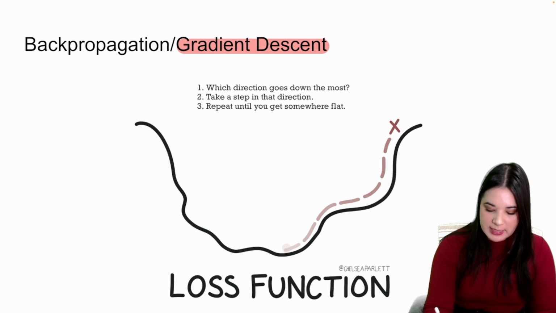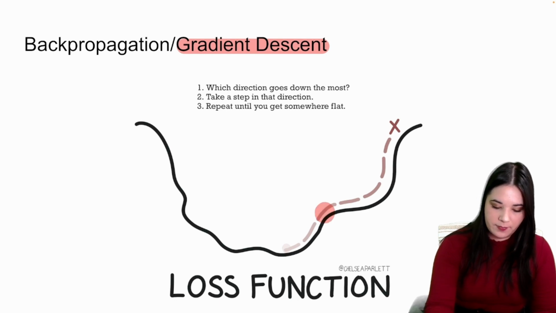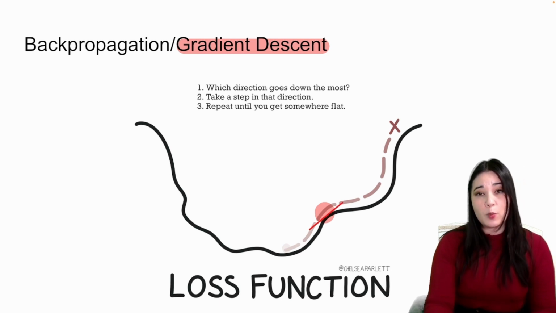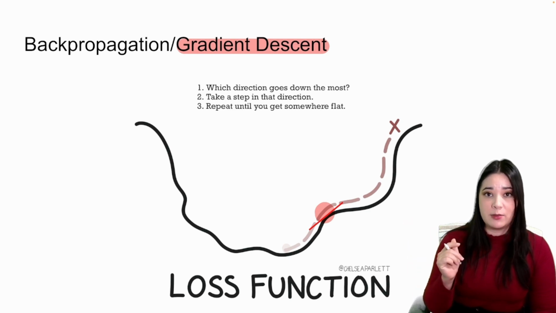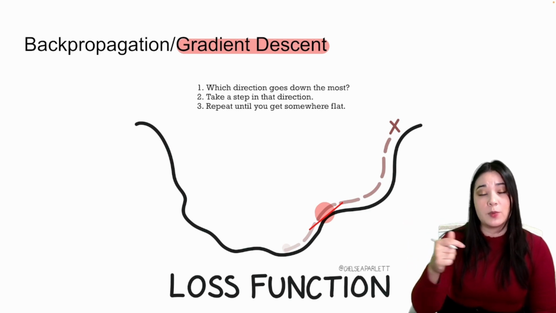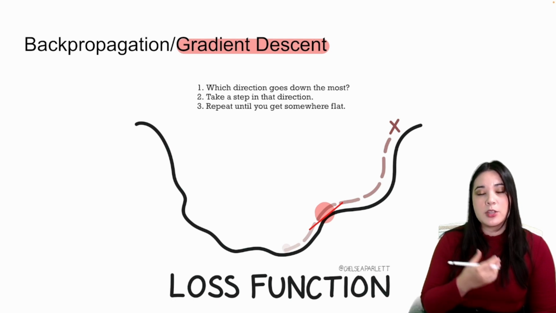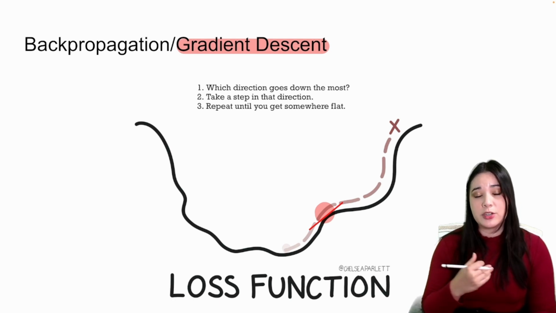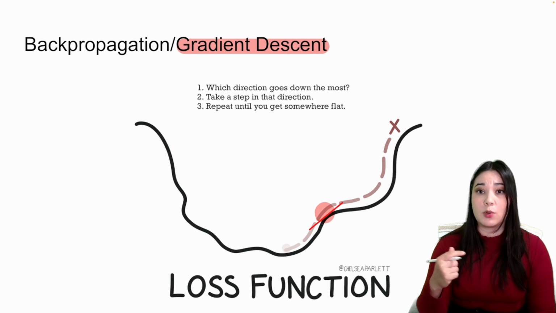For instance, let's say we started right here. At this point, the derivative is positive. This means that if we want to go uphill, we should increase our value. If we want to go downhill, we should go the opposite direction. We should decrease our value. So the derivative can tell us which direction to go if we want to go towards a minimum.